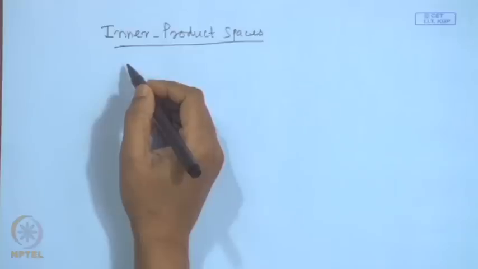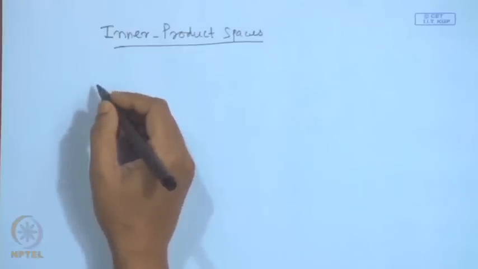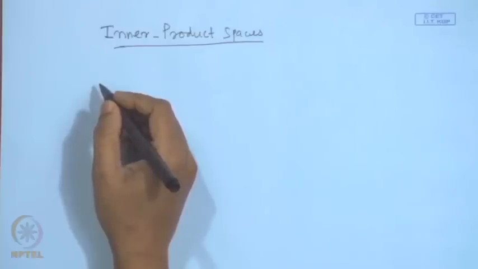In other words, the algebraic properties of the Euclidean spaces have been generalized and we got the vector spaces.